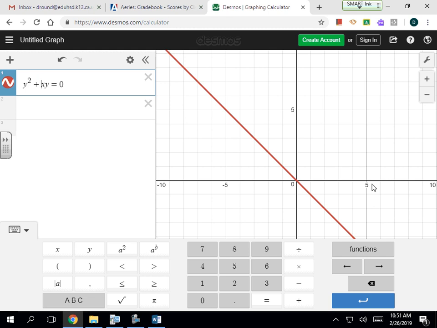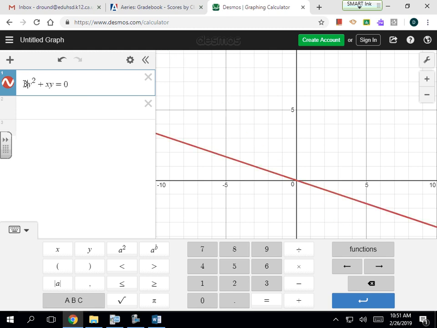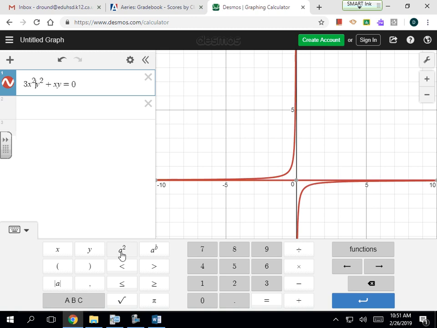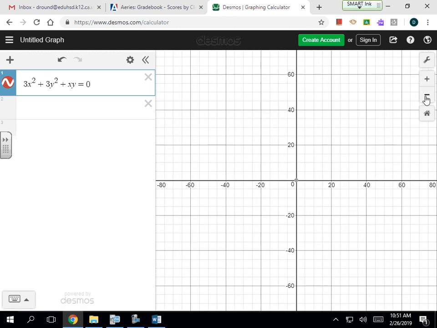See if you can somehow rewrite what we started with. 3x to the second plus 3y to the second. Whoops, I already did. Oops. If we zoom out here, does it show up? Where'd it go?